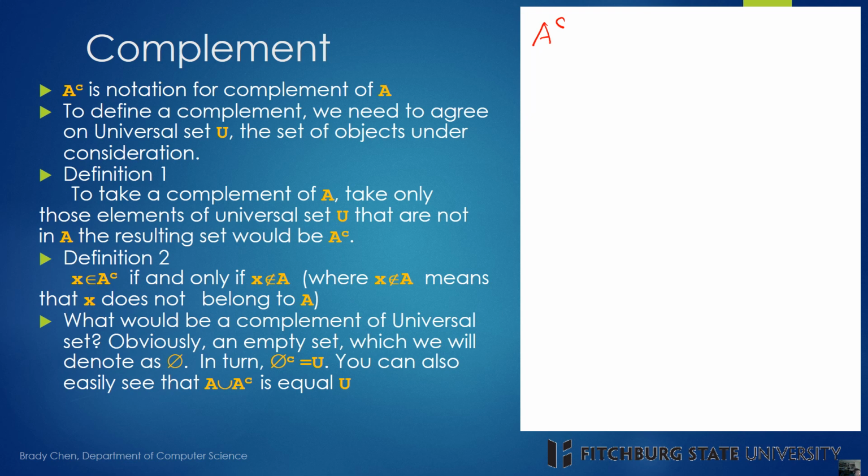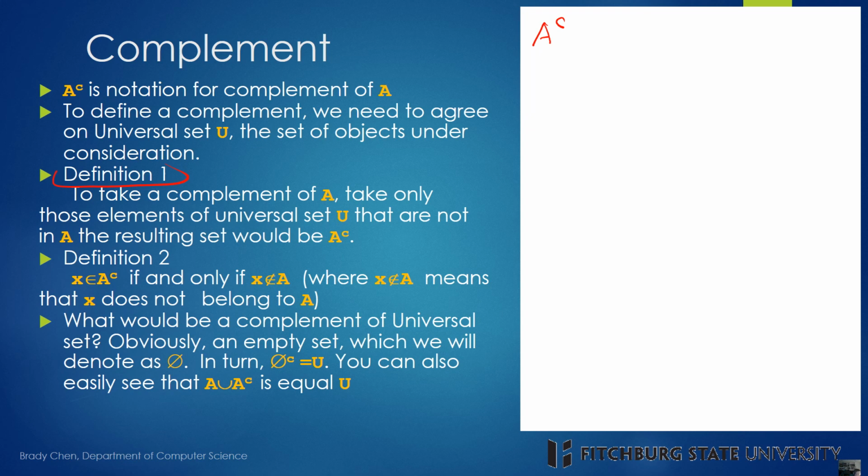Definition 1: to take the complement of A, take only those elements of the universal set that are not in A. Then the resulting set will be the complement of A, A to the C.